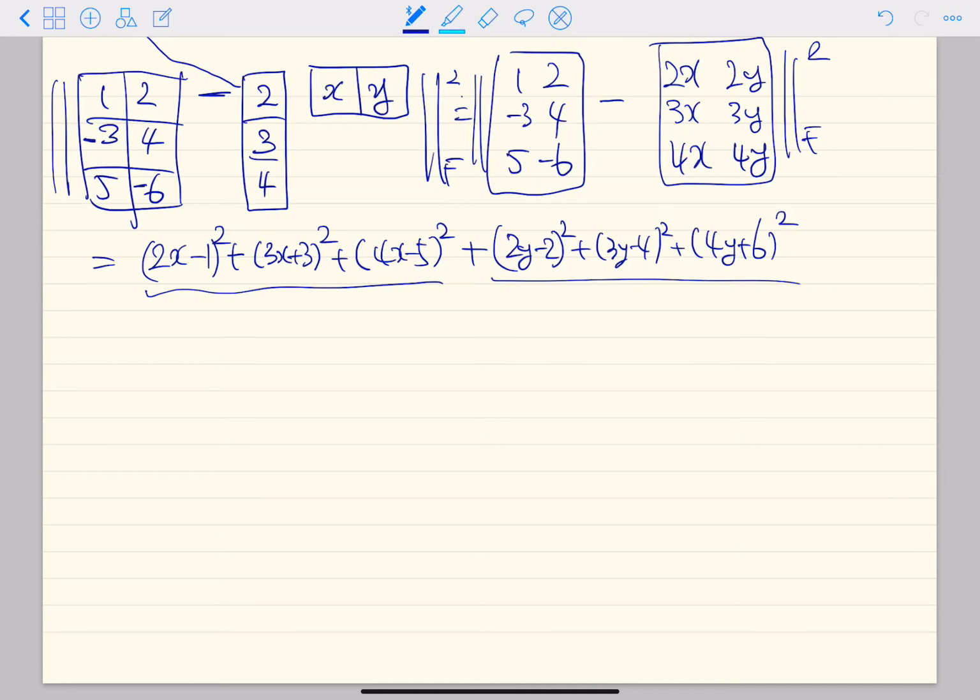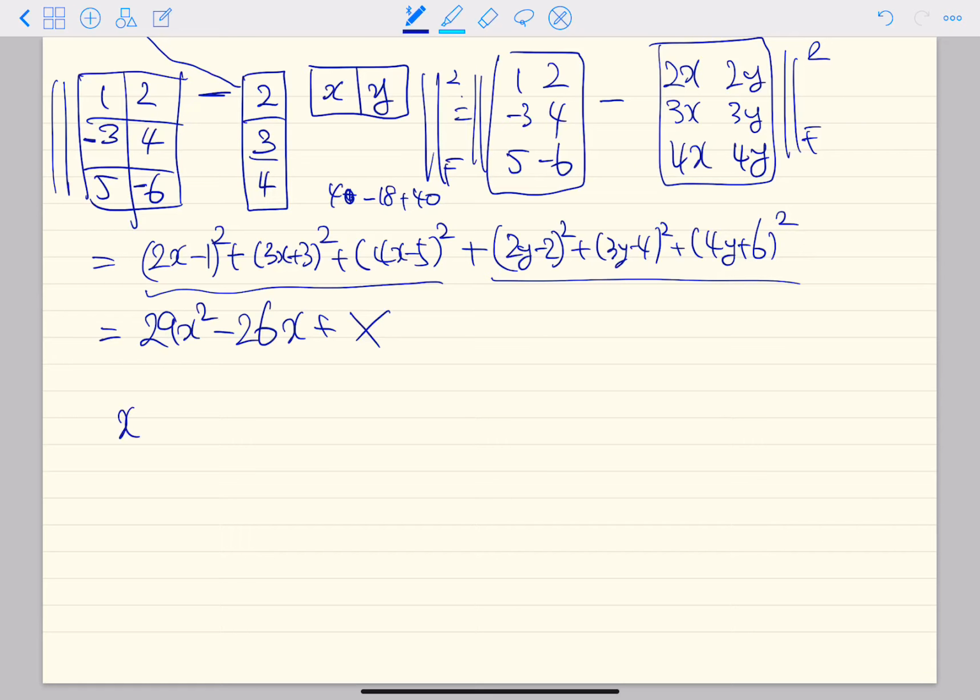I mean, in this case, 29x squared minus 26x and something, right?